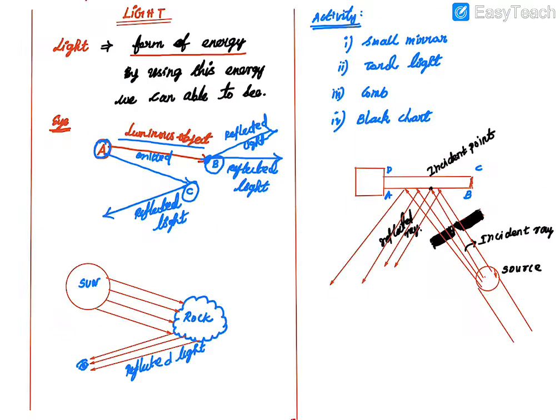And for the second case I have taken the same thing. If you see the second activity in your book, you take the same apparatus, the same mirror and everything. See here, this is the table.